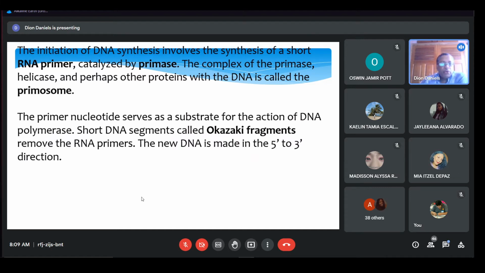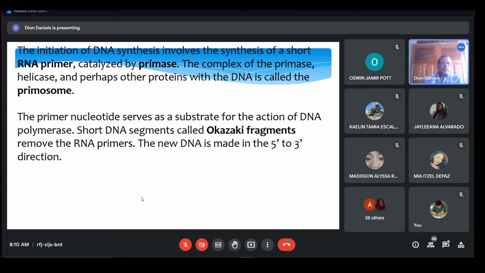The primer nucleotide serves as a substrate for the action of DNA polymerase. It simply means that the DNA polymerase will recognize where that primer is annealed and knows exactly where to start polymerization. All right, so the primer is extremely important, and only after it anneals to both strands, then DNA polymerase can come and extend that complementary strand.